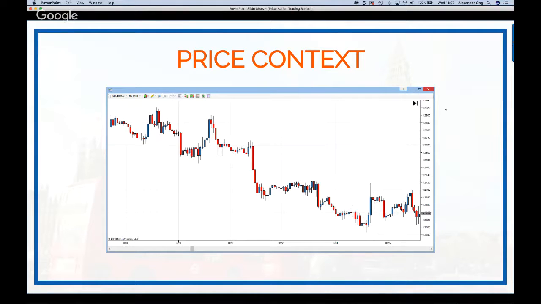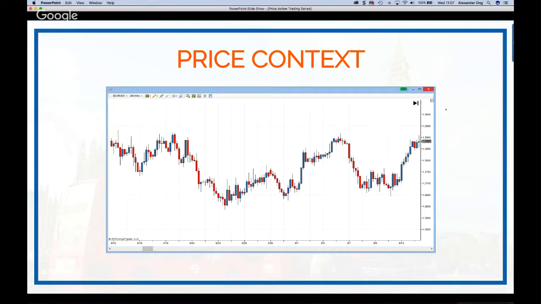Fantastic. If we look at this on a 4-hour chart, that same price action, which was this downtrend over here, what are we looking at? Well, yes, we're looking at a bit of downwards momentum, but you're right smack bang in the middle of a big consolidation.